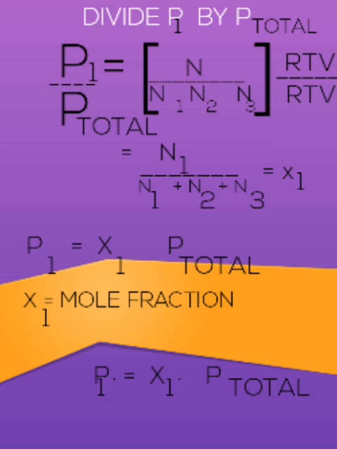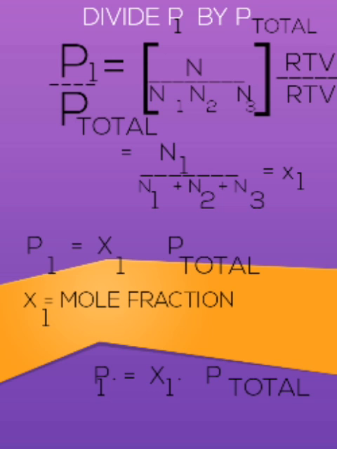You all have studied what mole fraction is from your knowledge of some basic concepts of chemistry. It is number of moles of one gas divided by total number of moles of all the gases present. Thus, chi1 is equal to n1 divided by n1 plus n2 plus n3.